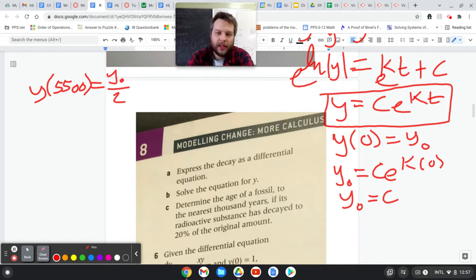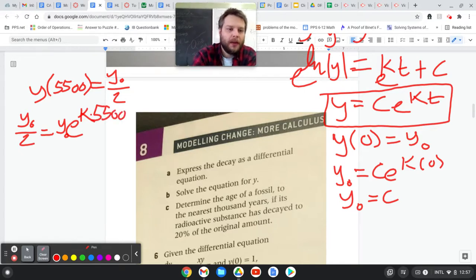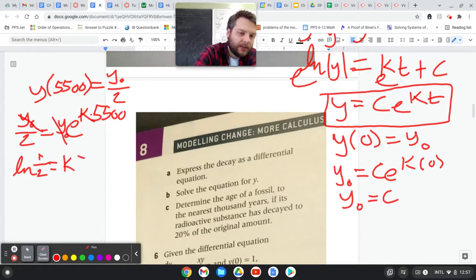And so substituting that in, what we have is y0 over 2 equals y0 e to the k times 5,500. Divide both sides by y0, and it's gone. And then take the natural log. So the natural log of 1/2 is k times 5,500.